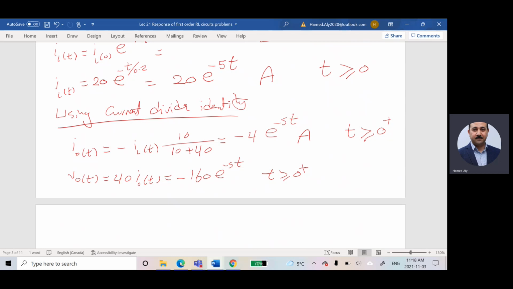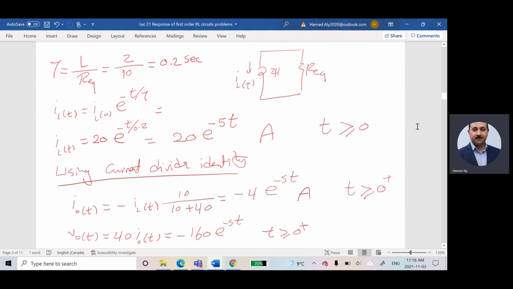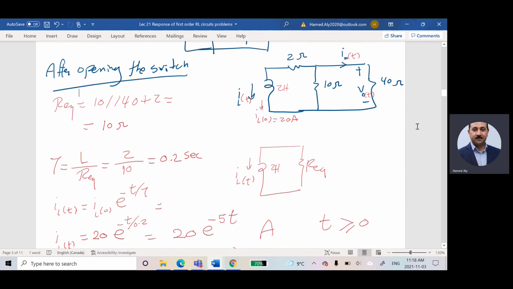Then he asked you to find the power across 10 ohms because he would like to find the energy for the 10 ohm resistor and the energy for the coil and find the percentage between them. So if you would like to find the power in 10 ohms, how to find the power? I have to find the current here first, right? Or I can say the power for this is VO squared divided by 10.